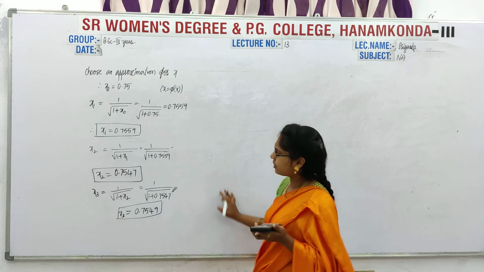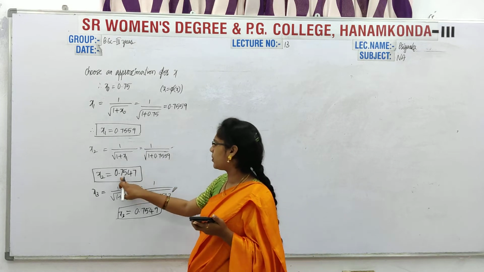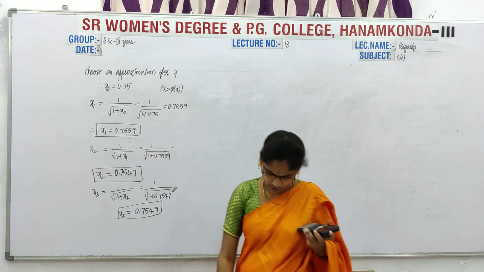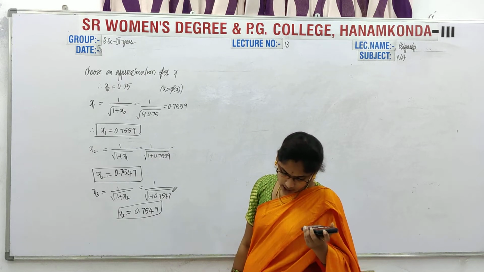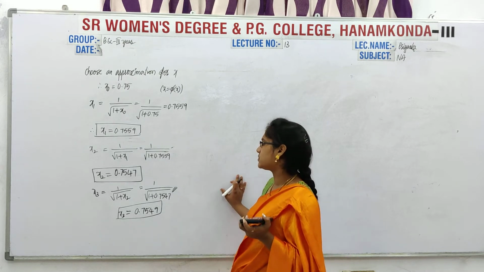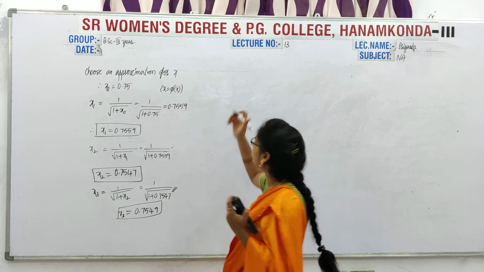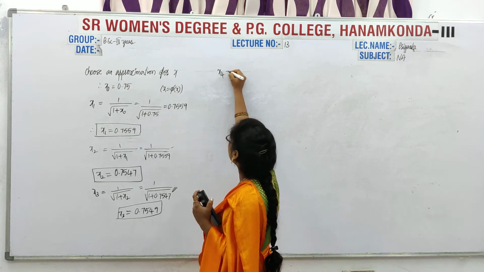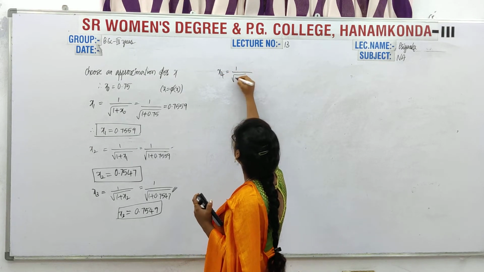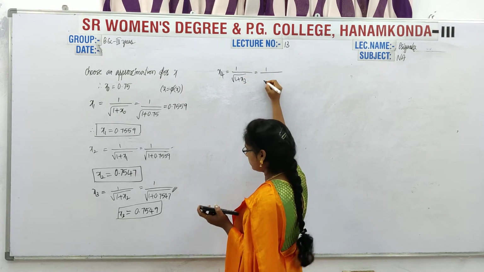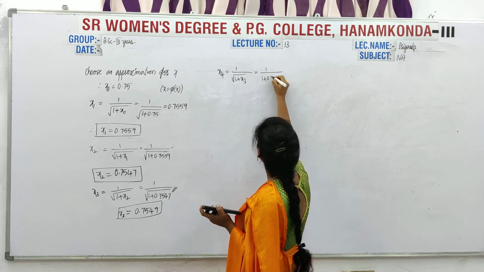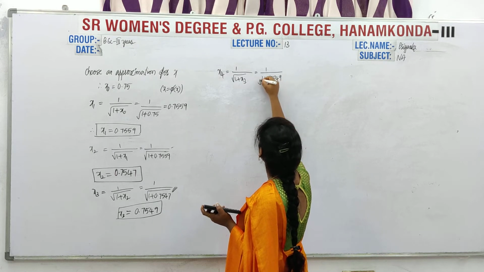Here what we got is 0.754, and in the question they mentioned up to 4 decimal places. So that's why I am going to calculate one more iteration. x4 equals 1 by under root of 1 plus x3, which is 1 by under root of 1 plus 0.7549.